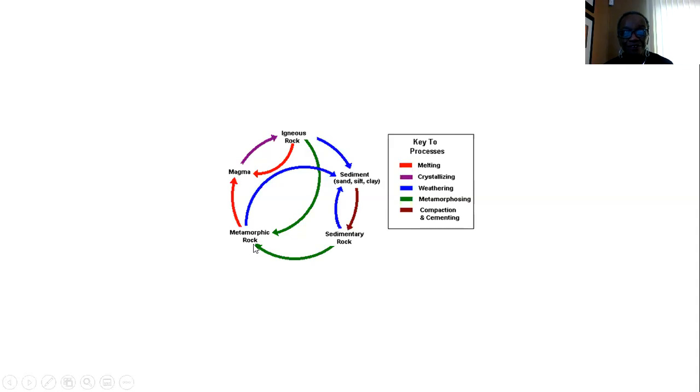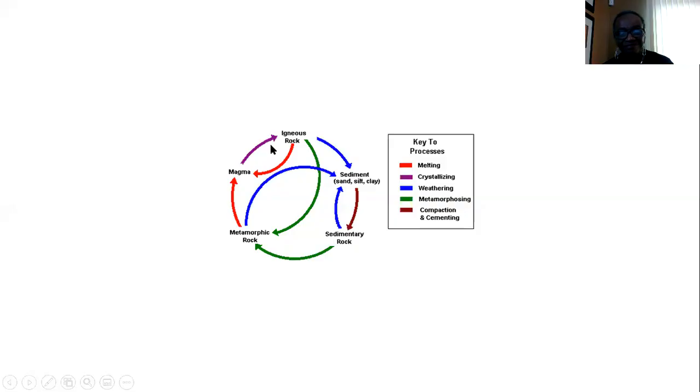If that metamorphic rock is exposed to a whole lot of heat so that we get melting to occur, we get magma. That's liquid rock material. All right, and that magma, in order to become the rock, has to cool. And so we refer to the process of igneous rock formation as crystallization. Okay, but look at what could happen to this igneous rock.